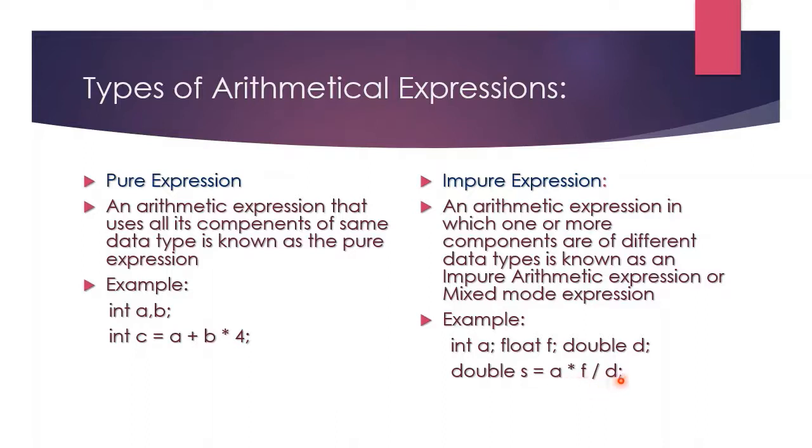So this expression consists of different data types, and this kind of statement is known as an impure arithmetical expression. This expression involves components of different data types, so it is called an impure arithmetical expression or mixed mode expression.